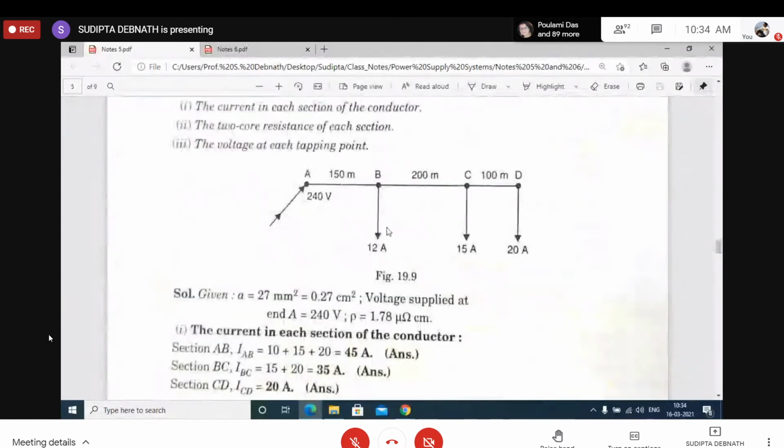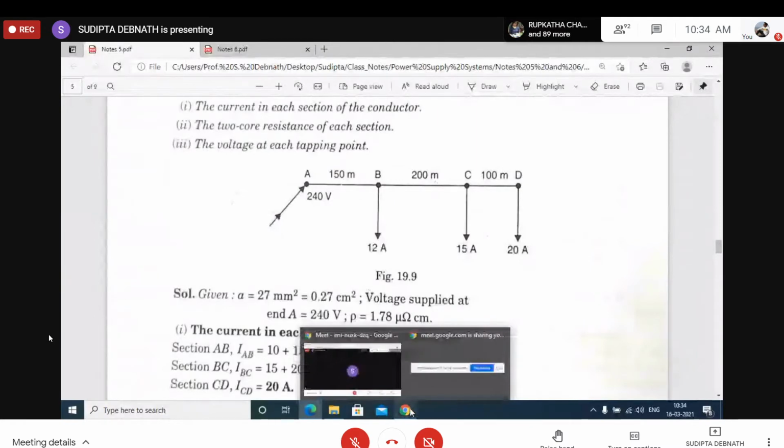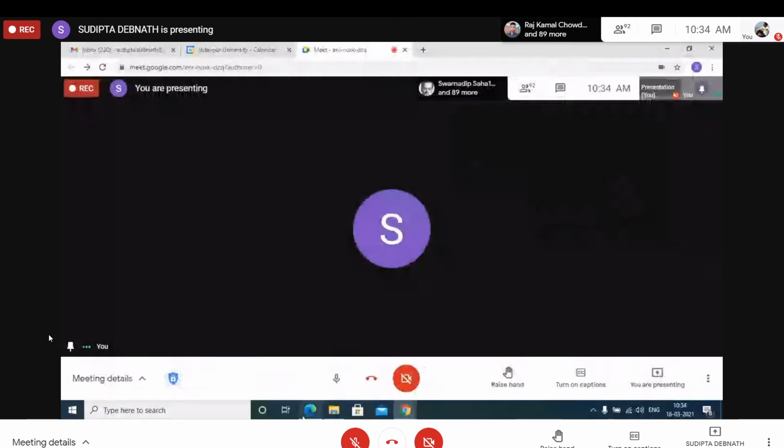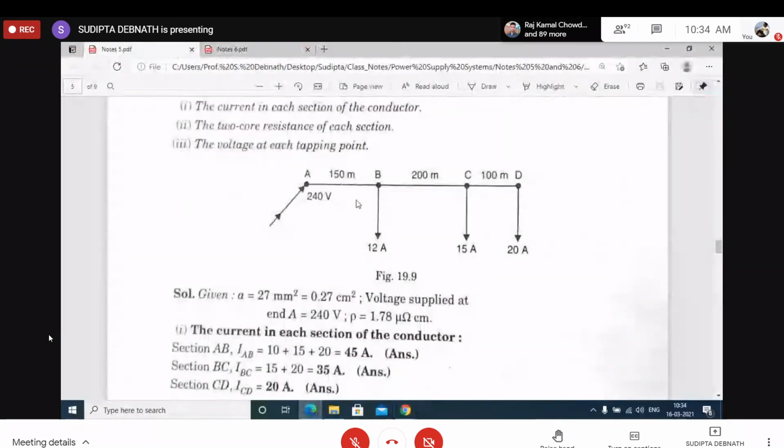And what is the question? The current in each section of the conductor. You can easily find it. It is given here. From the figure itself we can find it. And then it is given the two-core resistance of each section. The resistance of each section you have already found out. RAB is 2 into rho L by A, RBC, RCD. Okay. And the voltage at each tapping point.